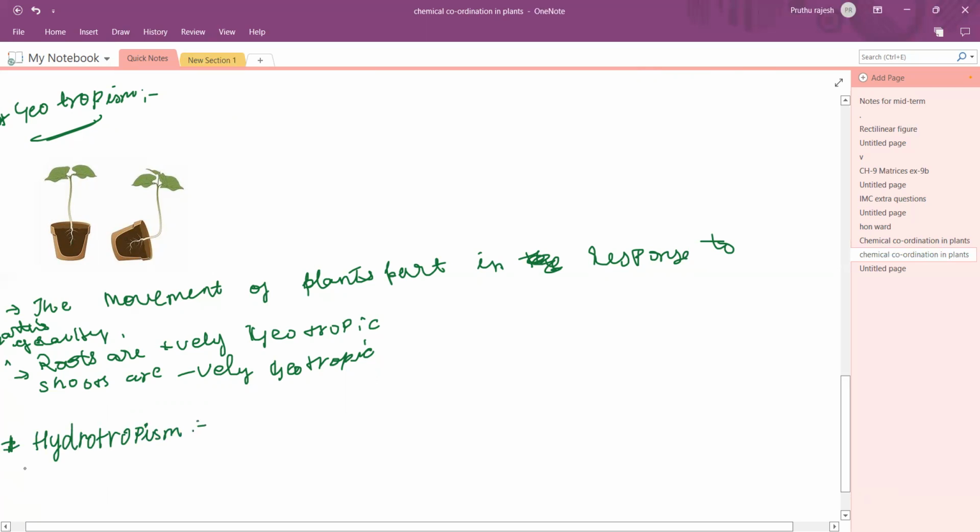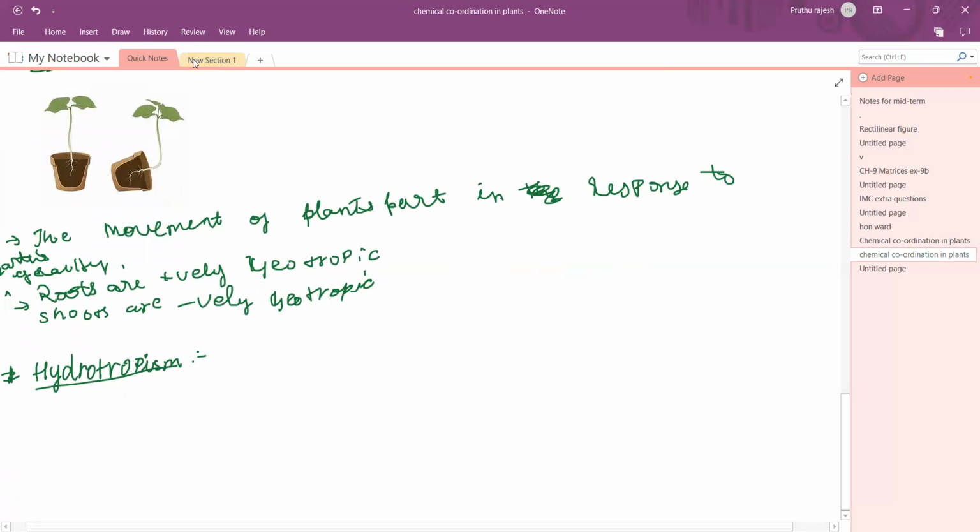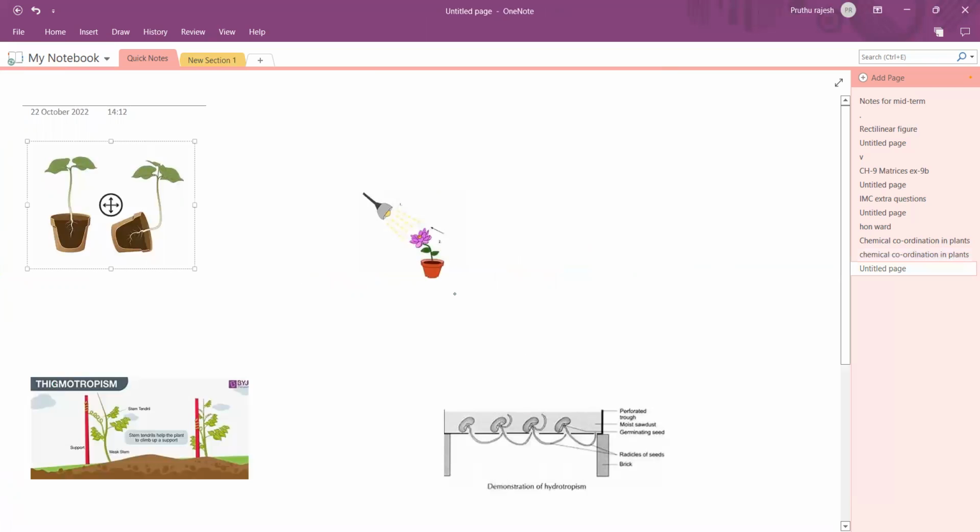Hydrotropism. So we completed phototropism and geotropism also. Now I would like to share one.